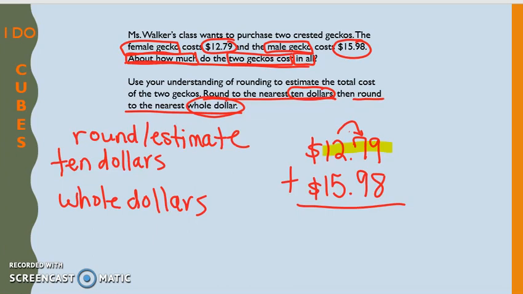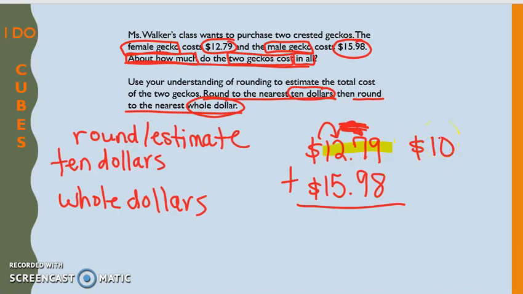Since we have a 7 in the tenths place, that means we're going to round this first number... sorry, I need to back this up. We're actually going to look next door to round to the nearest $10. My mistake. So we have a 2 in the ones place, which means we're going to round down to $10.